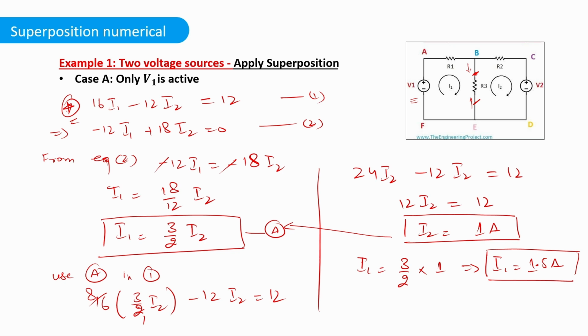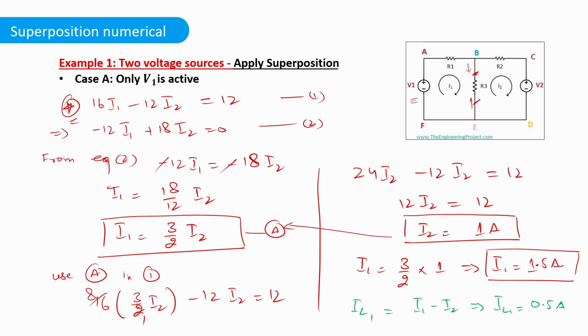So I load 1, and this is for the first case. So let's define it like this. I load in the first case is equal to I1 minus I2. So it implies that I load 1 is equal to 1.5 minus 1. So this becomes 0.5 ampere.